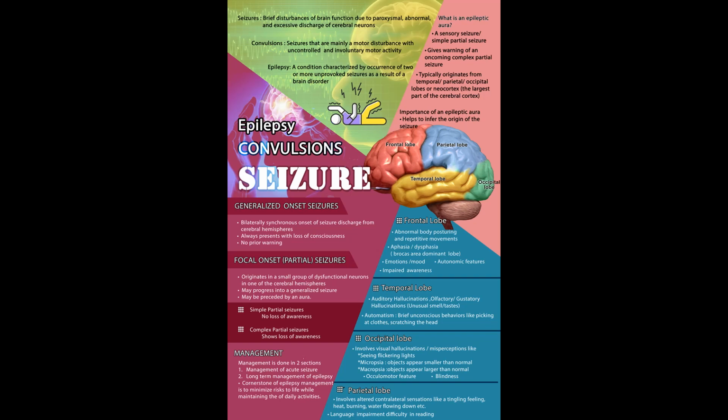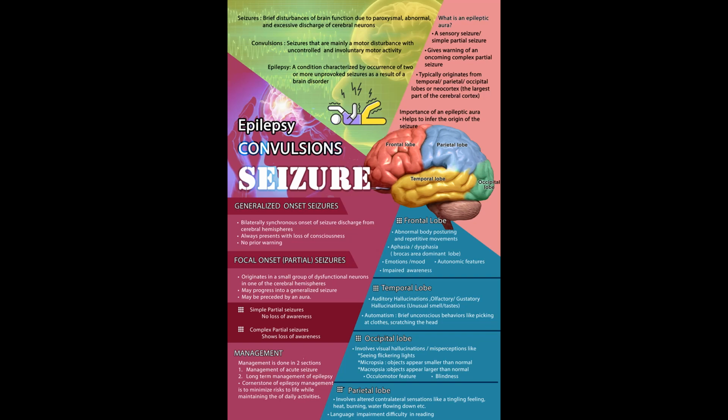Seizures are mainly classified into two: generalized onset seizures and focal onset seizures. Generalized onset seizures show a symmetrical onset of abnormal impulse discharge from both cerebral hemispheres and always present with loss of consciousness.